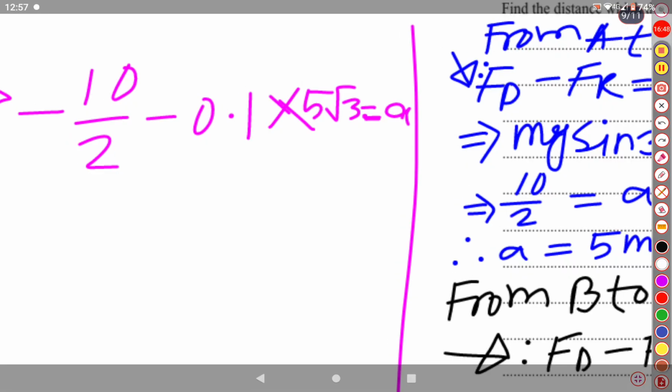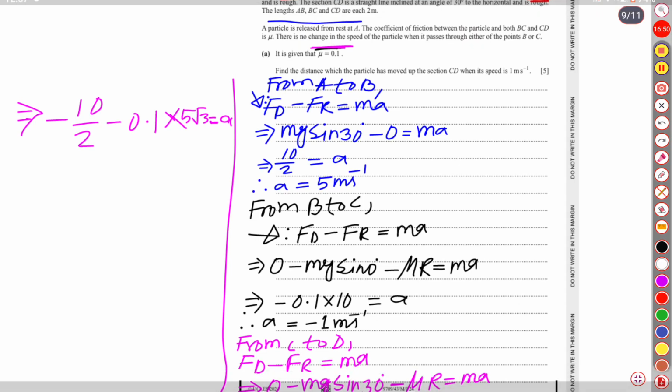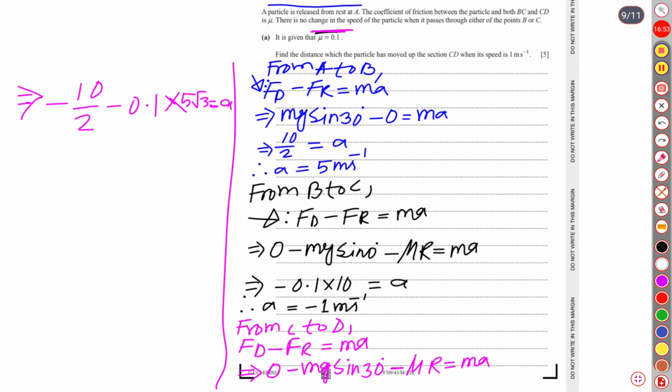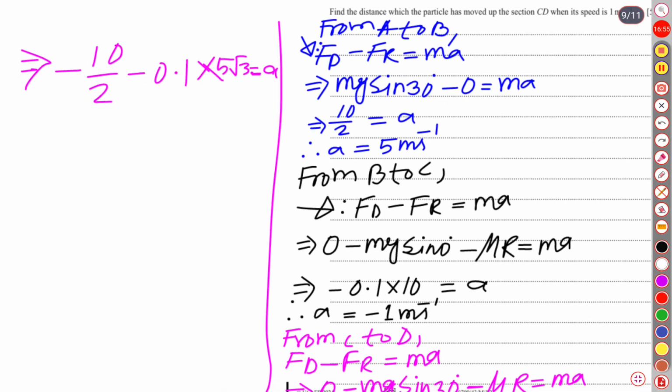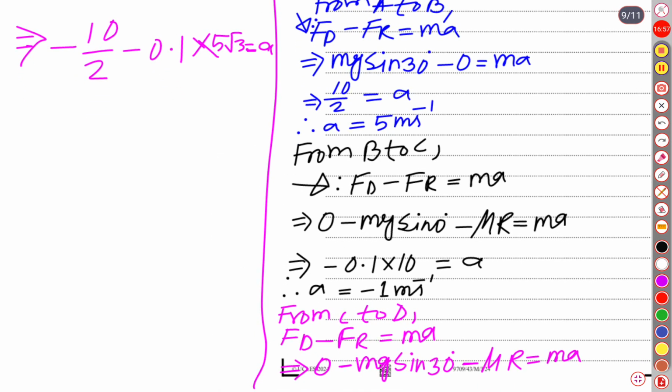Well, after that, yes, then it is going to be negative 5, and if we multiply this, it is going to be negative 5, and it is 0.5 square root over 3, equal to a.